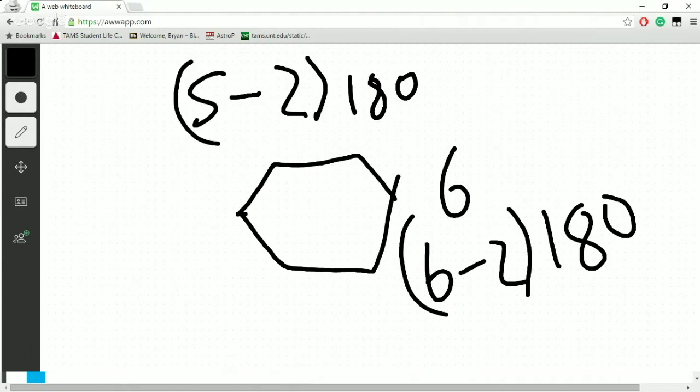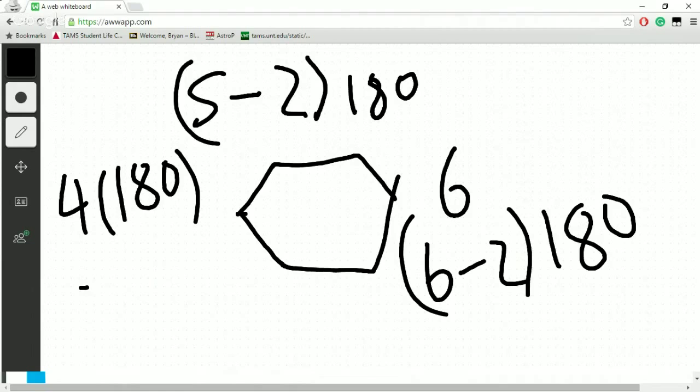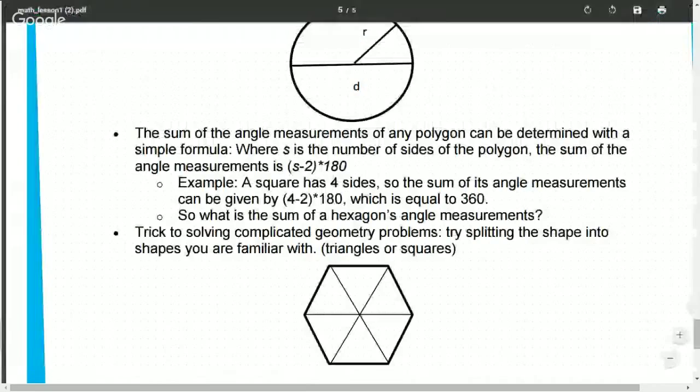As a result, we get 4 times 180, which is 720. So the angle measurement in the hexagon is 720 degrees. And notice that we use degrees here as well.